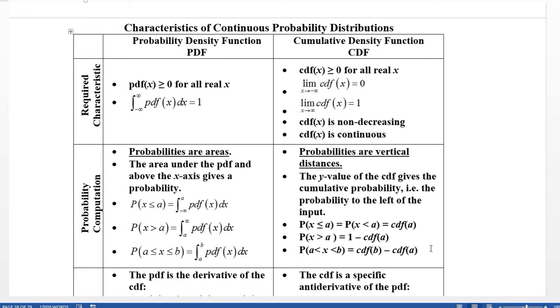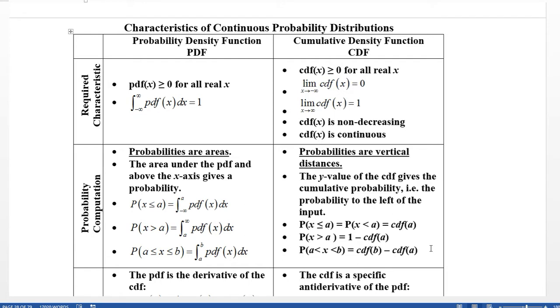So let's talk about what characteristics the graph of the function would have for a PDF for a continuous distribution. Basically, there's two main things that it has to have. First of all, the output of the PDF function has to be 0 or positive for all real x. It is never negative. So the graph is either on or above the x-axis.